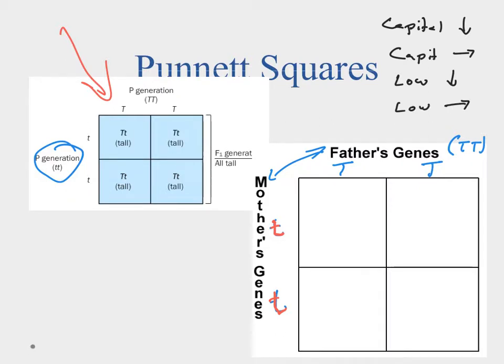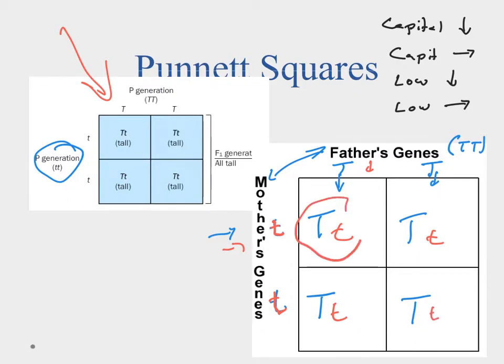We have our capital letters coming down, so we're going to have a T here and a T here. You can see how this T is going to fill down this way, filling these boxes. There are no capital T's going this way, so we look for a lowercase t coming down. There's none, but we do have this lowercase t going across, and this is how we end up with our genotype of a capital T, lowercase t.